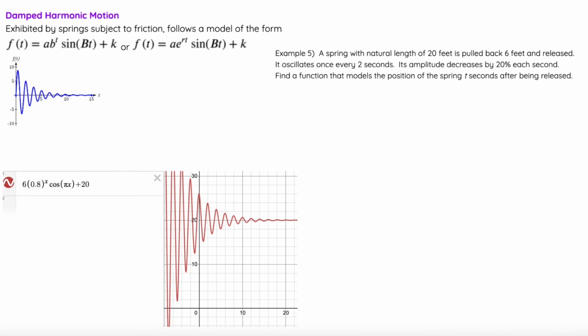So we definitely know that our midline is 20 feet because it tells us. So we're going to go above and below that natural length. We also know that it's oscillating once every 2 seconds.